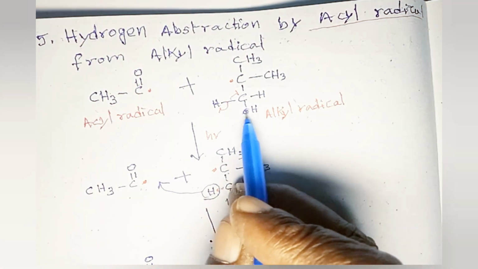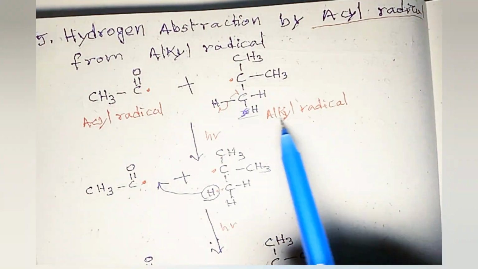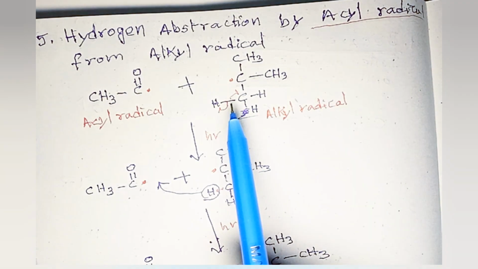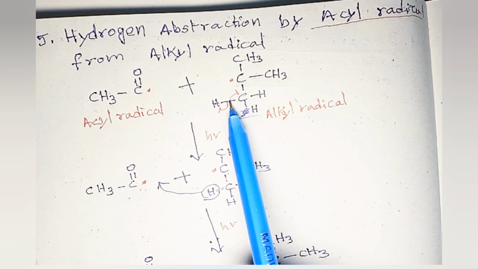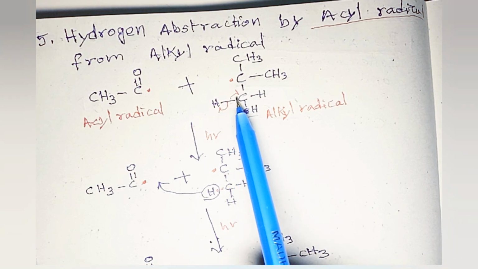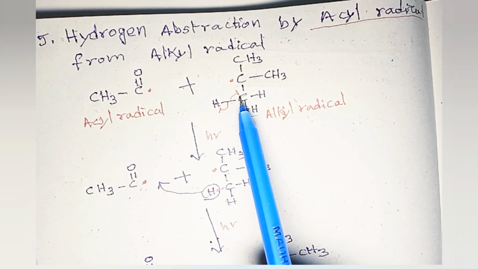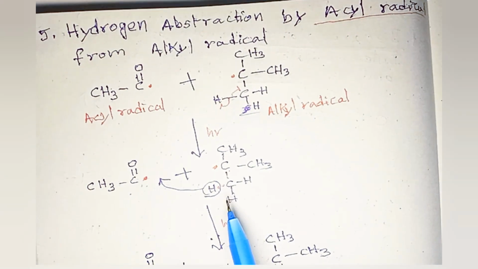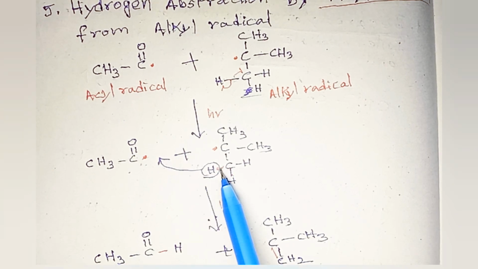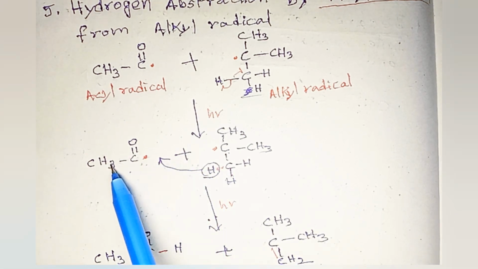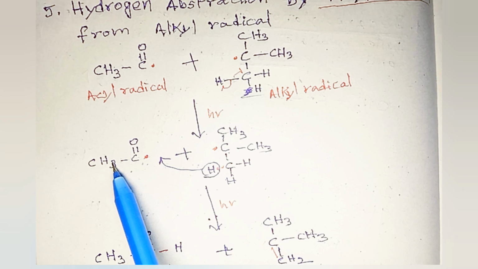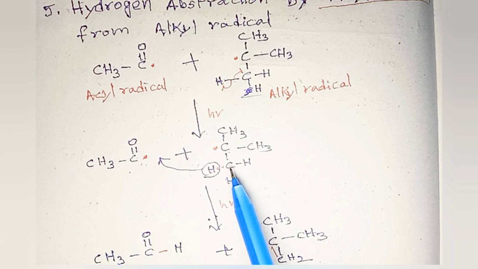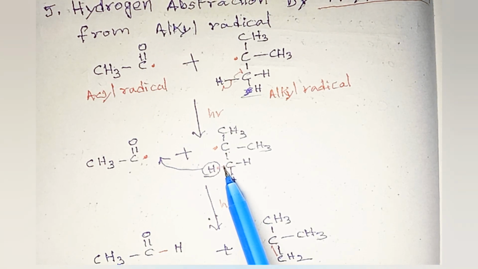So the bond between this carbon and hydrogen cleaves. One electron goes to this carbon, one electron goes to this hydrogen. Now this hydrogen along with this electron is abstracted by this acyl radical, and this carbon is already having one radical and this carbon is having a radical.